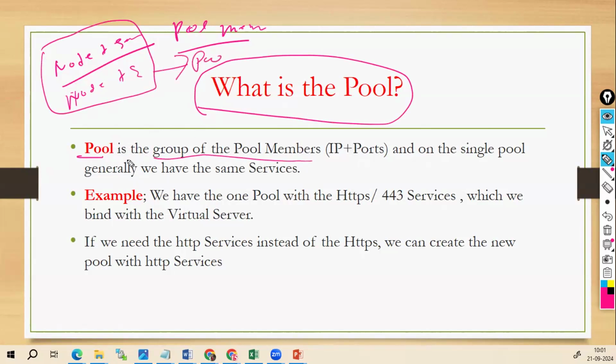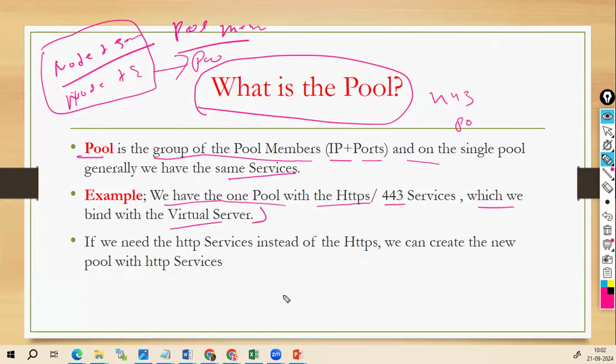So here I've written: pool is the group of pool members, IP plus port, and on a single pool generally we have the same services. Maybe 443. On the other pool we can use the 80. Right? We have one pool with the HTTPS services which we need to bind with the virtual server.